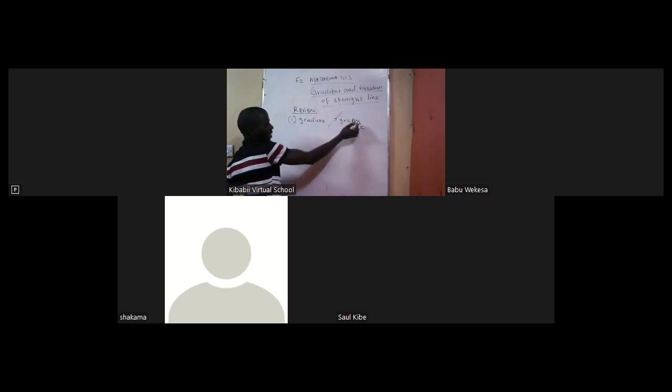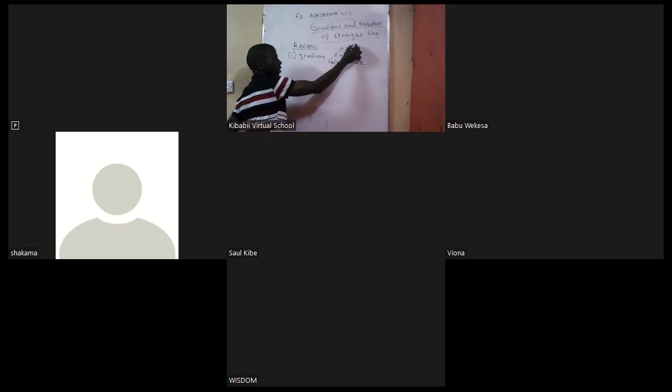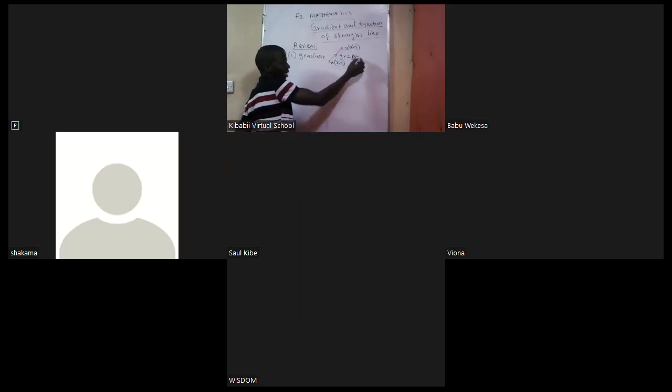If you have a straight line with points A and B, we label one of the points x1, y1, and the other x2, y2. So when you take the difference between the y values, that is the change in y, all over the difference in the x values, that is the change in x, that gives what you call the gradient.